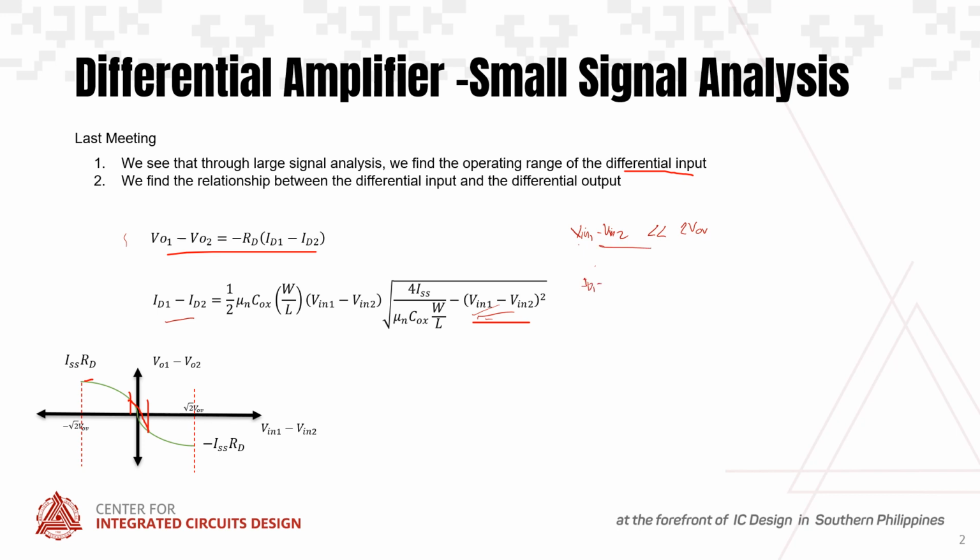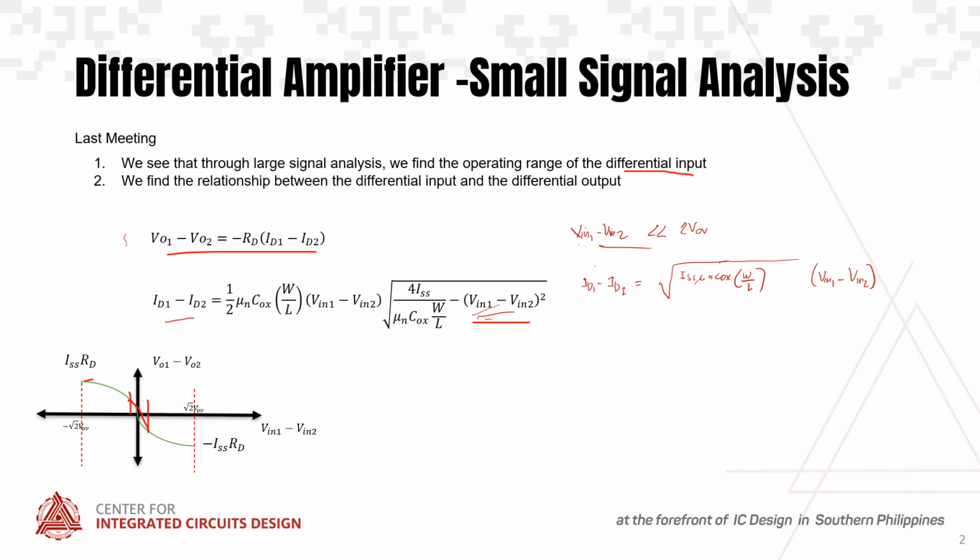ID1 minus ID2 is equal to ISS mu n COX W/L times Vn1 minus Vn2. The Vn1 minus Vn2 is now outside. How did we get that?